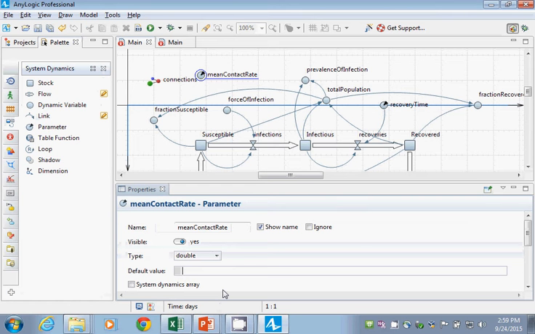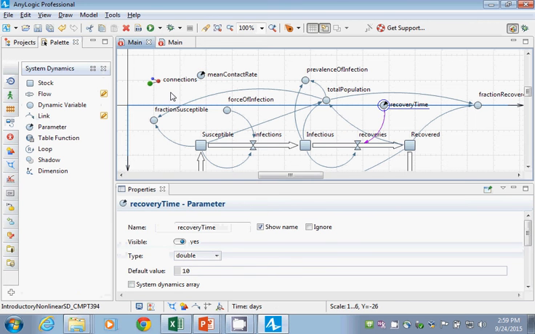And ladies and gentlemen, I'd like to set this to a value of 12. Okay? 12 people contact with 12 people per day. Okay. So that's good.